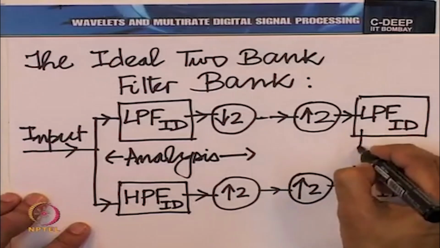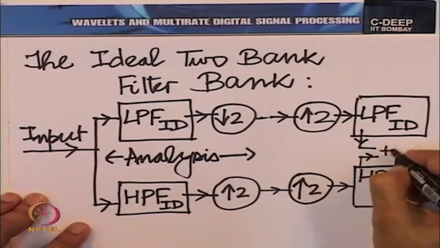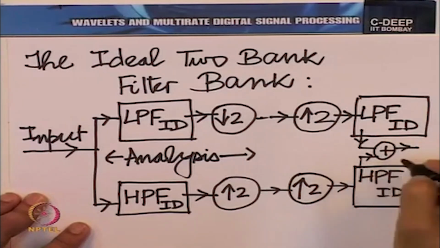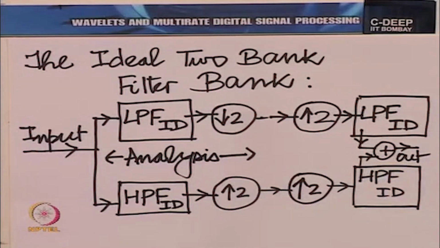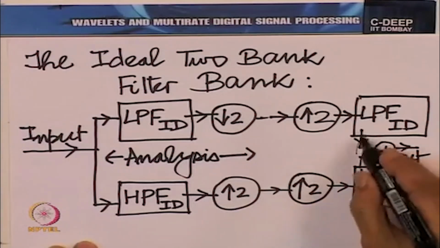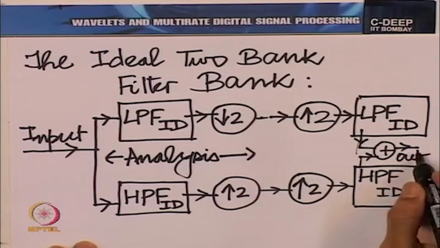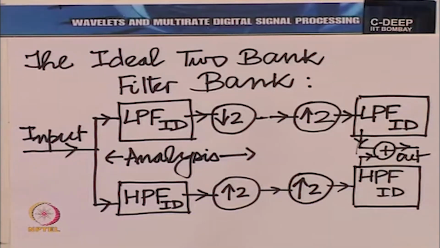And the outputs from this are to be added to produce the overall output. So, here I have just marked the outputs to fit into the drawing. The output from this and the output from this are added together and produce the overall output. This is the ideal 2-band filter bank.